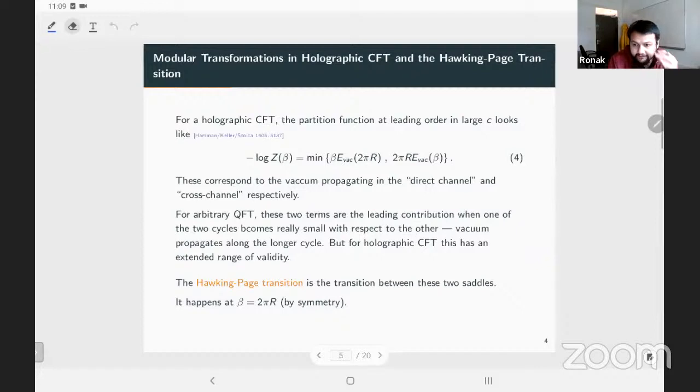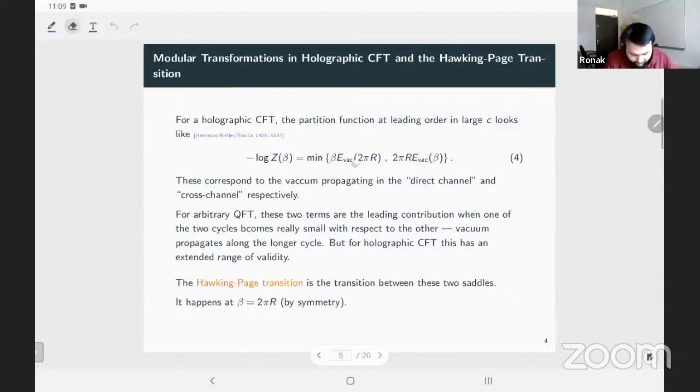Okay, so in these cases, the partition function actually looks really simple. Minus log Z looks like the minimum of two terms. In this equation, E_vac is the energy of the vacuum, and E_vac of 2 pi r is the energy of the vacuum on a circle of length 2 pi r.